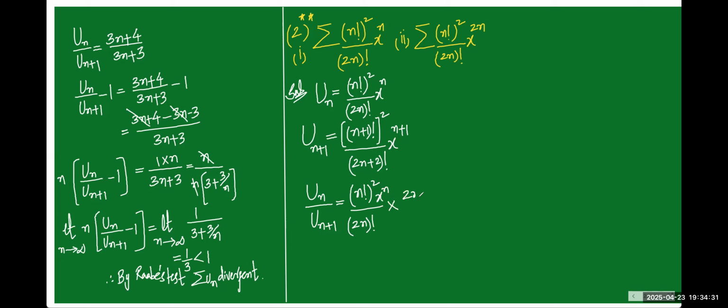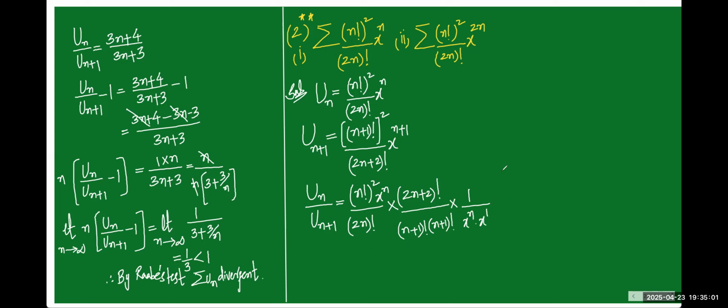Means it is 2n plus 2 factorial divided by n plus 1 factorial whole square, which can be written as n plus 1 factorial for this term individually, n plus 1 factorial for this term also individually, and multiplied by x power n plus 1, which can be written as x power n into x power 1.